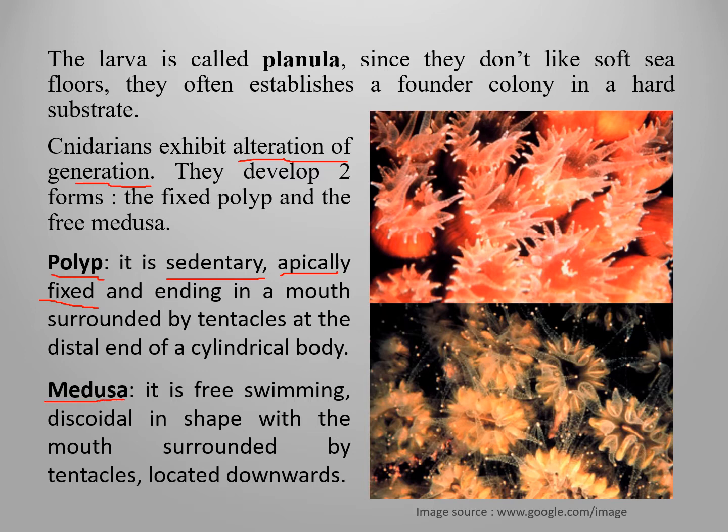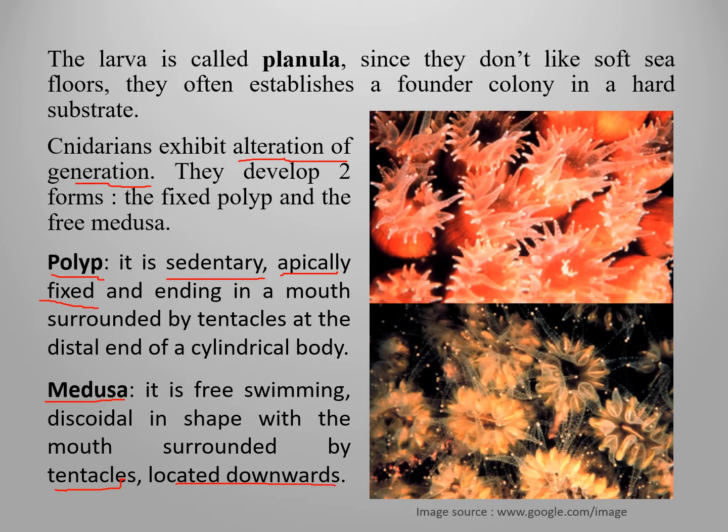In contrast to the sedentary life mode of the polyp, the medusa has a free swimming mode of life. That means they can freely swim. They are planktonic in mode of life. The medusa is discoidal in shape, and the mouth is also surrounded by tentacles, but in contrast to the mouth opening at the top in the polyp stage, in the medusa stage the mouth opens in the downward direction.